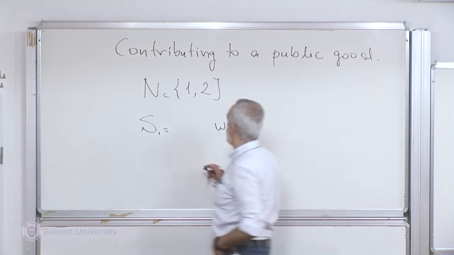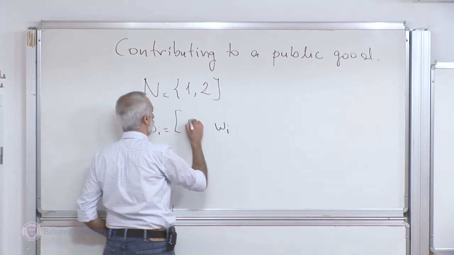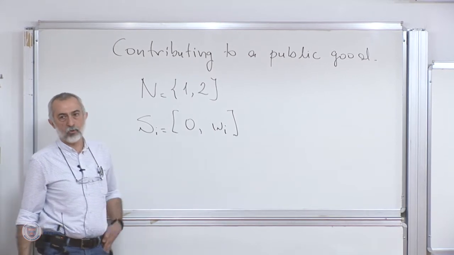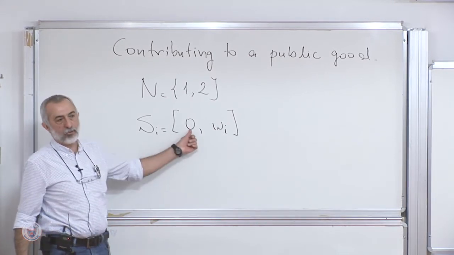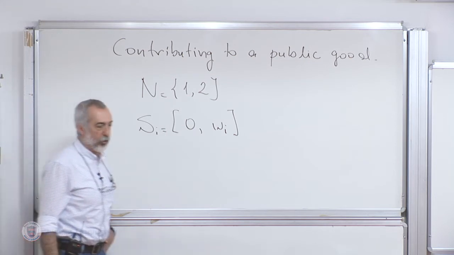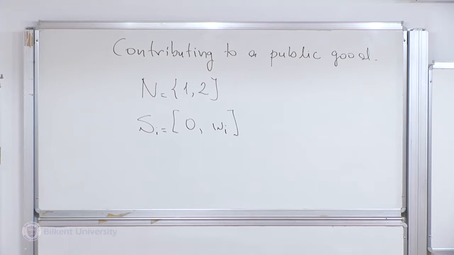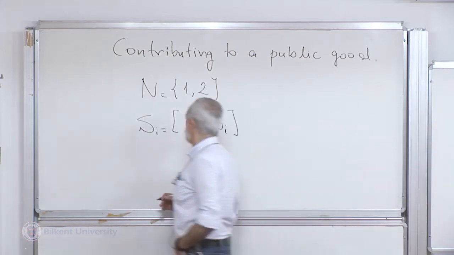So his strategy set was the closed interval from 0 to W_i, where strategy C_i denoted the amount that agent i was going to contribute for the production of the public good.